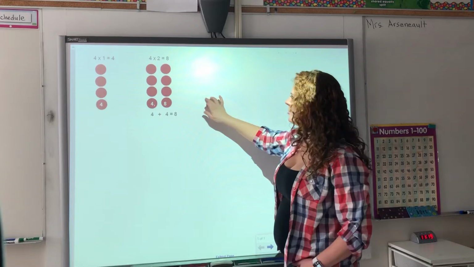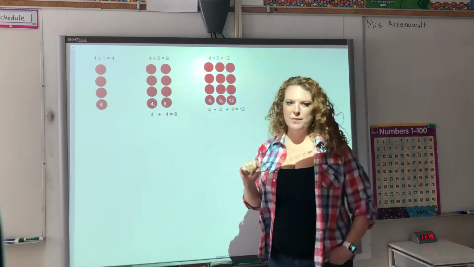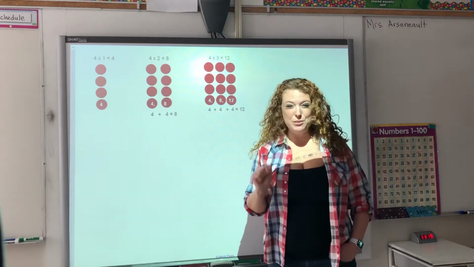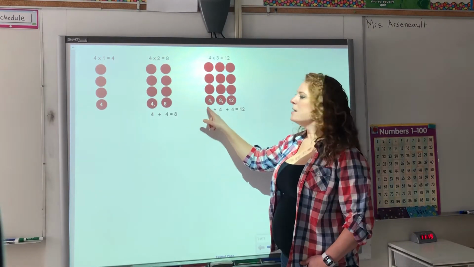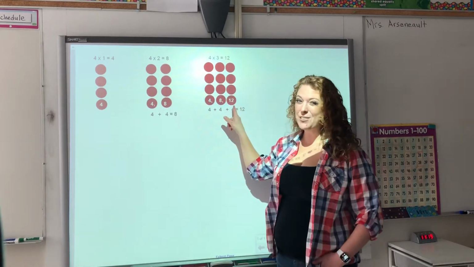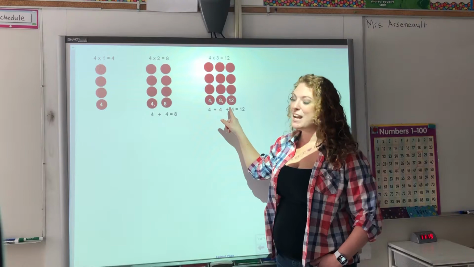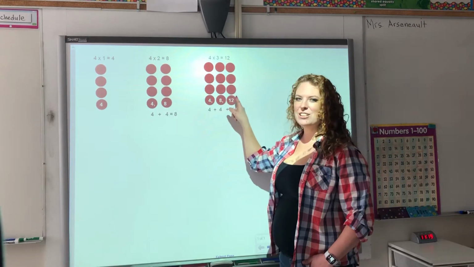Let's build our array even more and add another group of 4. So I have 3 groups of 4, or 4 times 3. So here's one group, 4 plus 4 more plus 4 more. If I skip count that, not counting by ones, I'm going to count by 4s. 4, 8, 12.